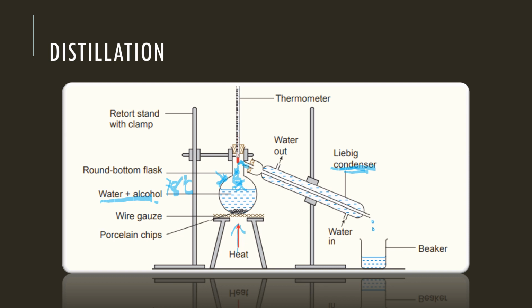The gas will flow into the Liebig condenser, which will condense the gas. Condense means converting gas to liquid, and then we can collect the liquid inside a beaker. The liquid here is alcohol. The water will remain in the round bottom flask.